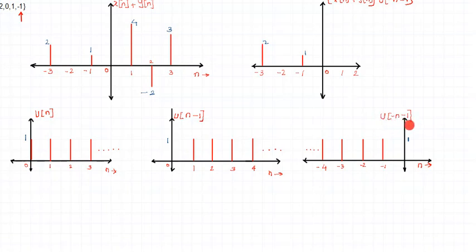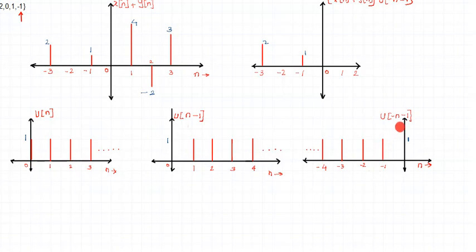Reversal means we reflect the signal. Whatever is there on one side should appear on the other side, and vice versa. So the sample at plus 1 appears at minus 1, the sample at plus 2 appears at minus 2, and so on. Before reflection, the signal was going to infinity on the positive side.